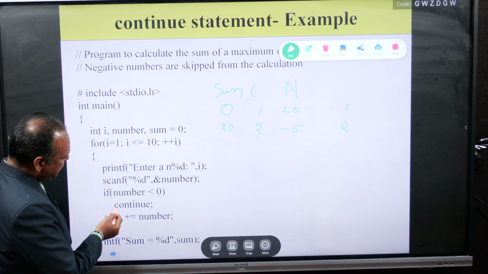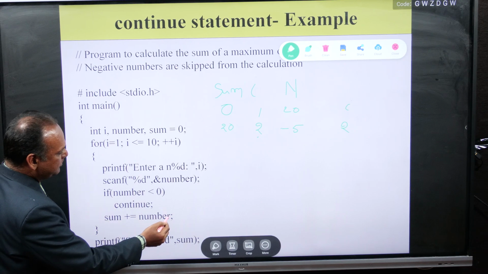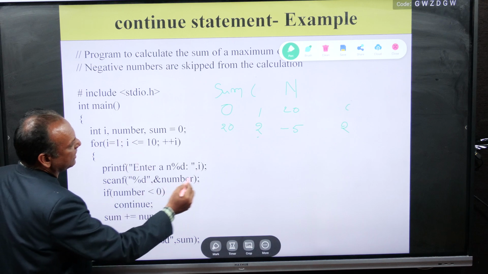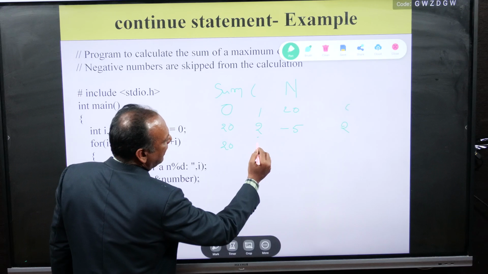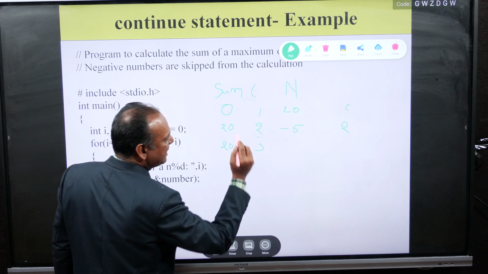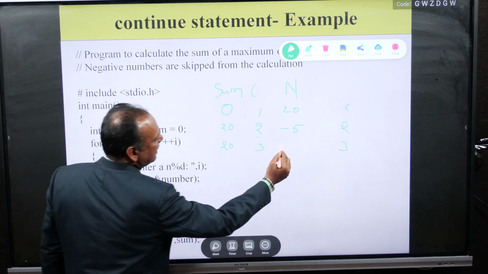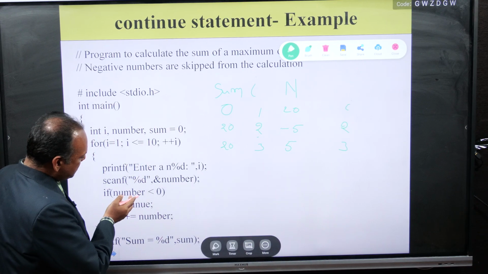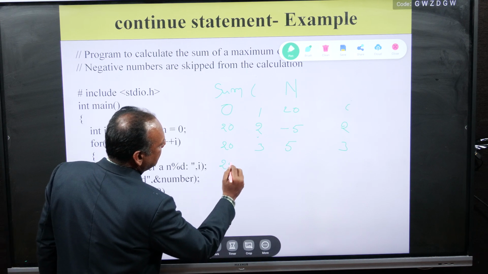That means continue, so it won't come out, but it will skip sum plus equals number and go to the next iteration. The sum is again 20. In the next iteration I will be incremented, and it asks for the third number, and now I am inputting 5. The 5 is a positive number, so the sum becomes 25.